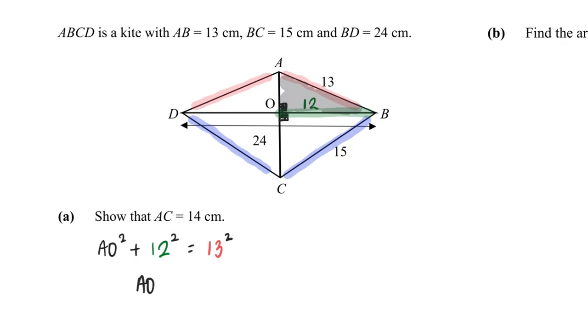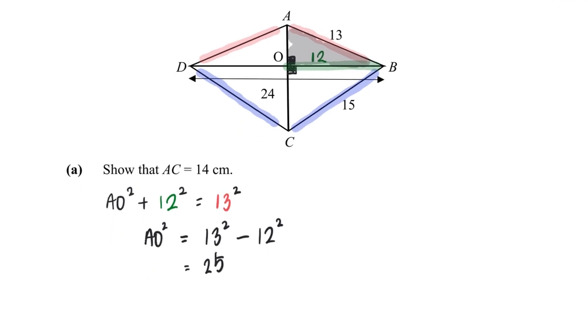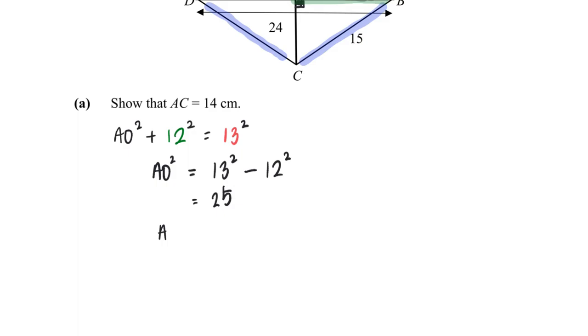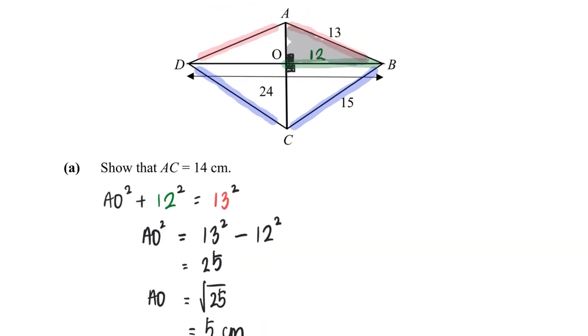And so I will be able to get my AO pretty straightforward. AO square is equals to 13 square minus 12 square. That will give me a value of 25. So my AO is simply the square root of 25, 5 cm. So I've gotten my first part, this is 5.